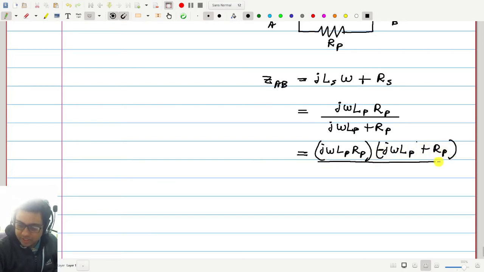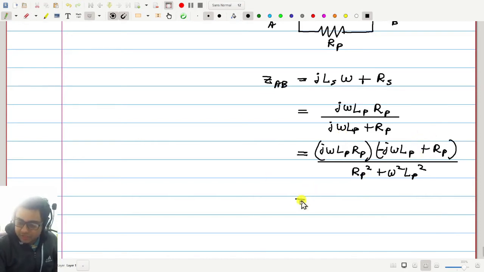Then in the denominator I will also multiply the same factor, and then it will become RP square plus omega square LP square. I request all of you please to check my calculation thoroughly, because I may make mistakes because I do not have any result memorized, and it is not necessary to memorize.